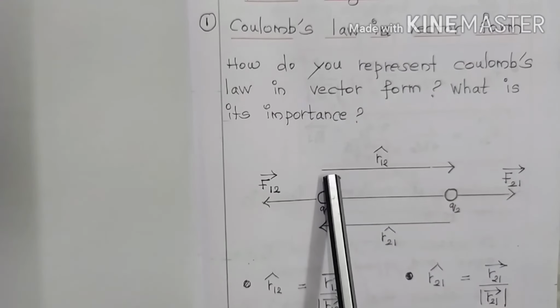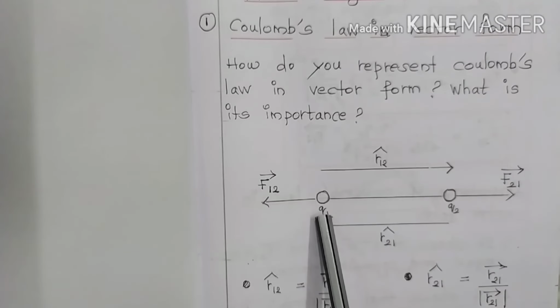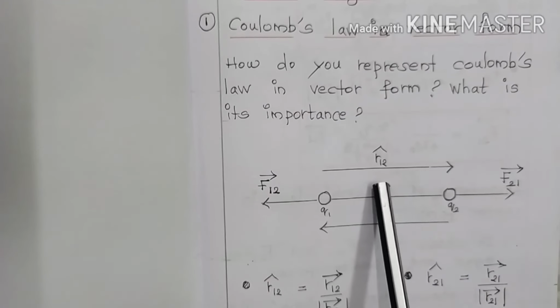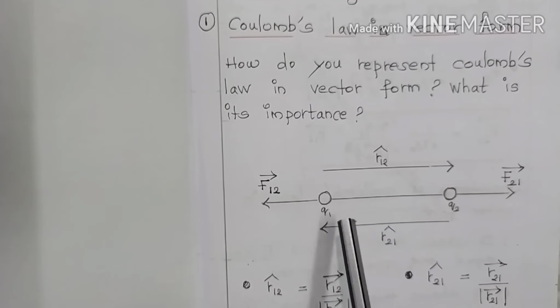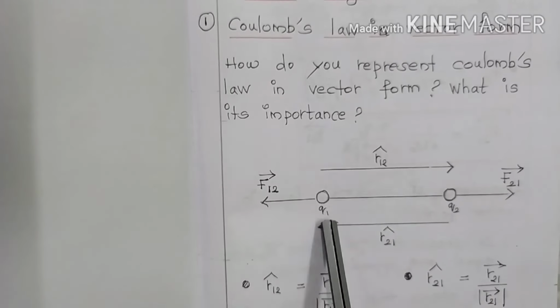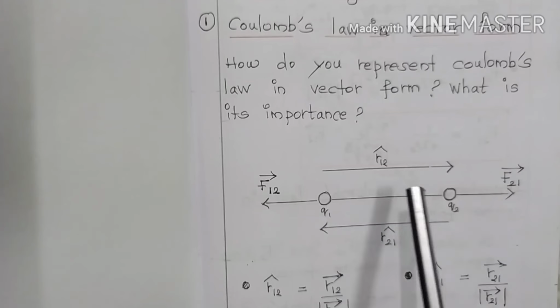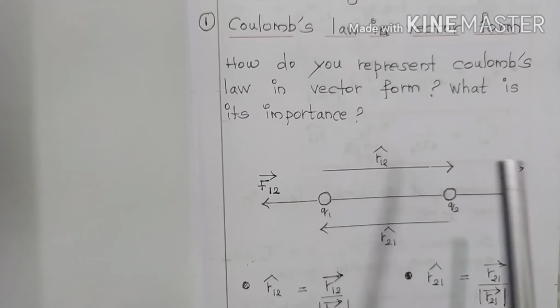Here this unit vector starts from Q1 and terminates at Q2. That's why it is written R12. It starts from Q1, that's why 1 is written first, and terminates at Q2, that is 2 is written next. So R12 unit vector.